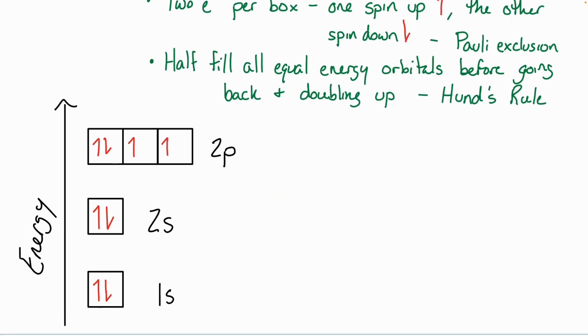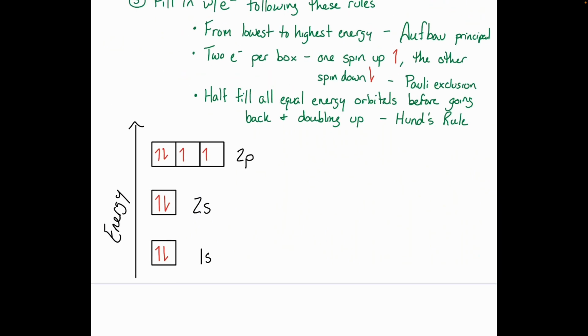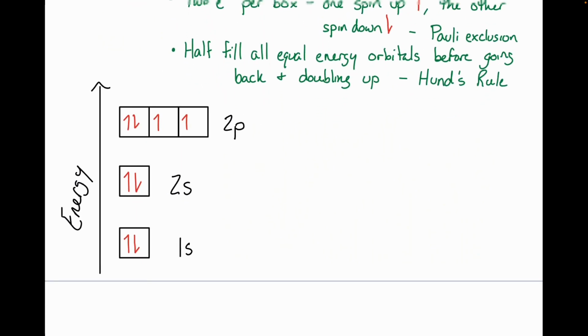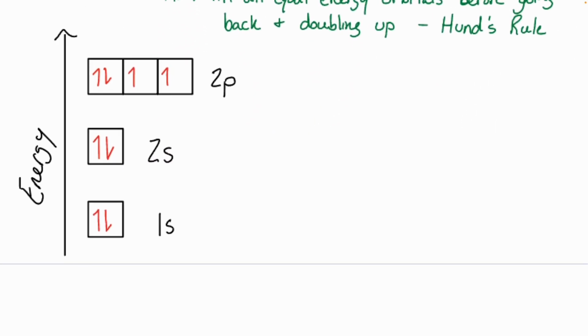All right, so my electron configuration diagram for oxygen represents the same thing that we have in our linear electron configuration, but represented in this diagram form. And in particular, I can see that oxygen has 2 unpaired electrons.